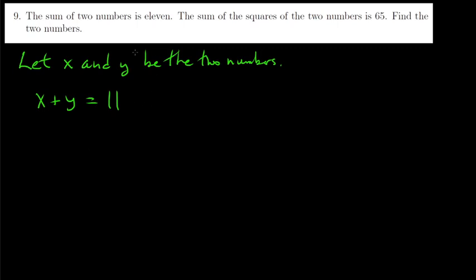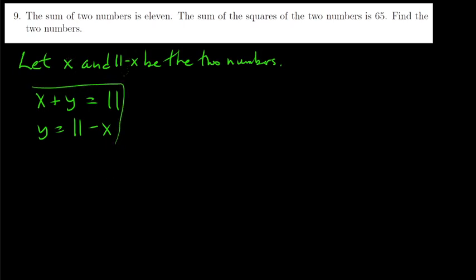So if you know one, you know the other, right? If x is 5, y is 6, right? It's just 11 minus x. So we don't need the y here, right? We can cross out the y and just say the two numbers are x and 11 minus x. Right? So those are the two numbers.